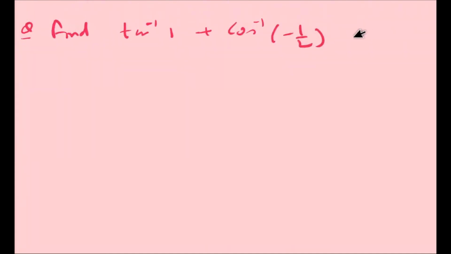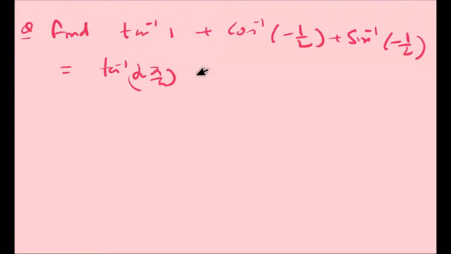Now the question is, find the values of the following: tan inverse 1 plus cos inverse (−1/2) plus sin inverse (−1/2). You know that tan inverse of tan pi by 4, so this is pi by 4.